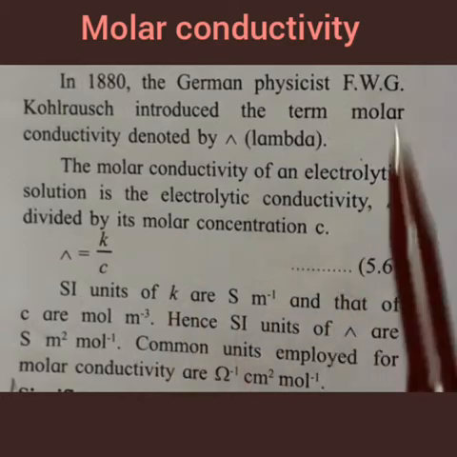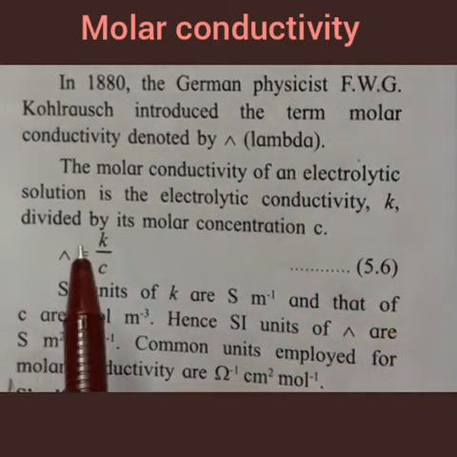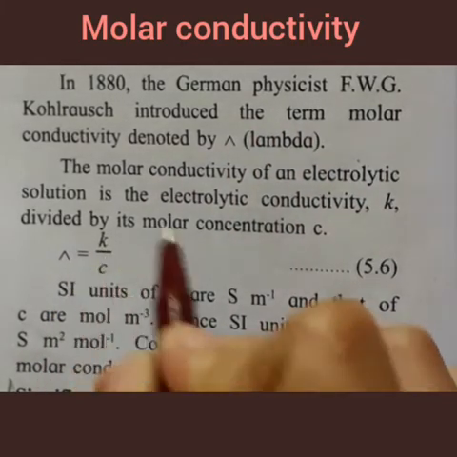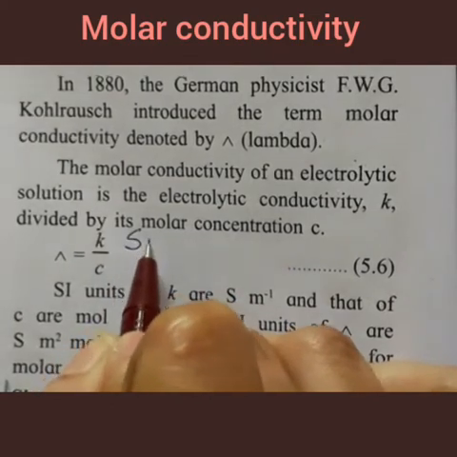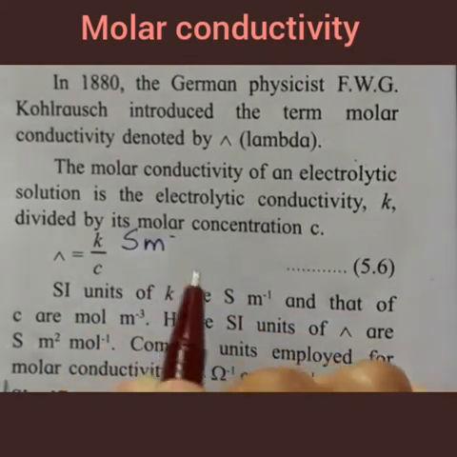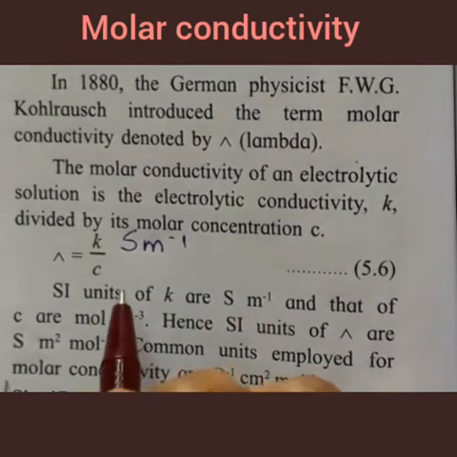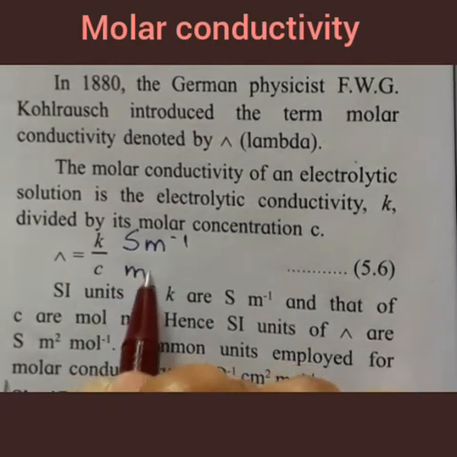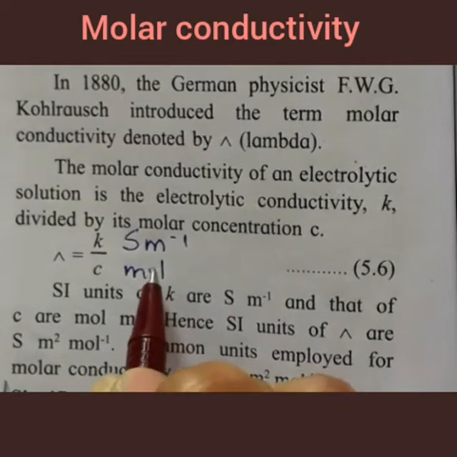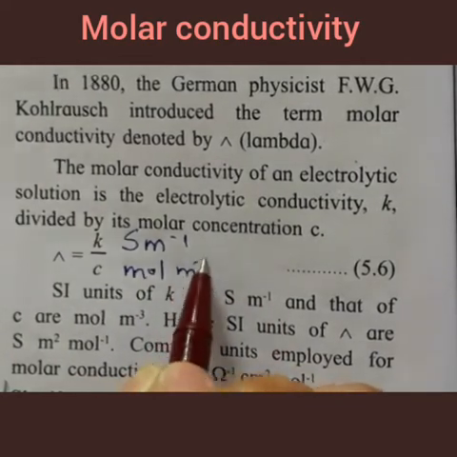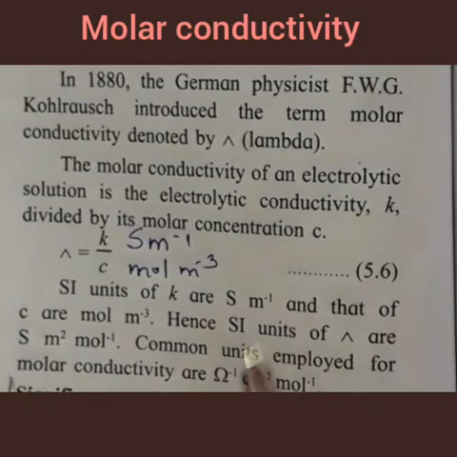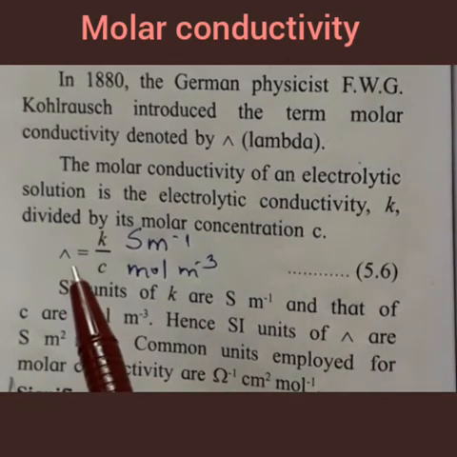So SI unit of K, conductivity, is Siemens per meter, and that of concentration is mole per meter cube. What will be the unit of molar conductivity?